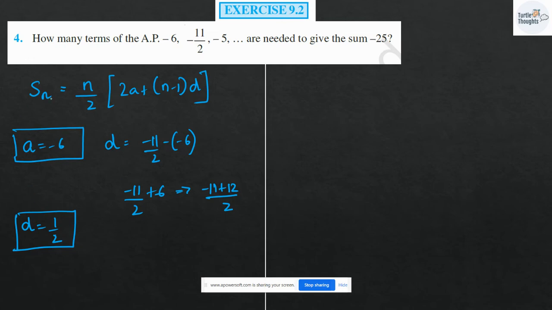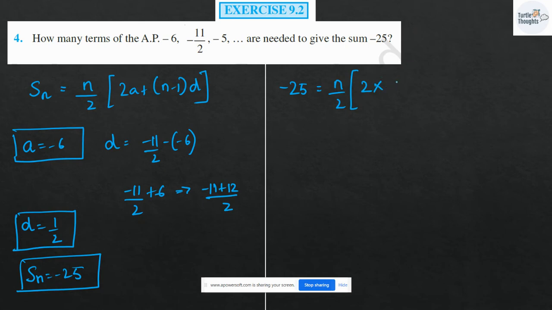Now, I will be substituting the same in this formula. The sum is given as minus 25. So let me write that also. Sn is minus 25. Substituting a, d and Sn in this formula, I will be getting minus 25 will be equal to n divided by 2 multiplied by 2 multiplied by a which is minus 6 plus n minus 1 multiplied by 1 by 2, which is your d.